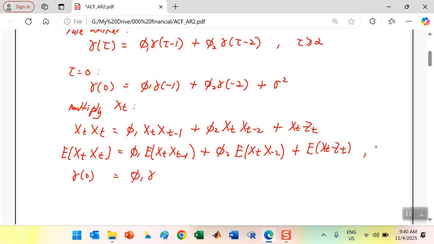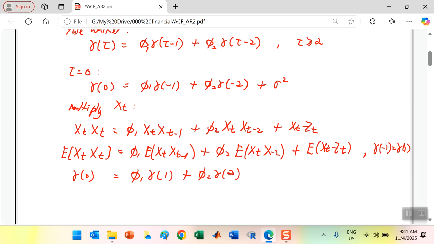Since the covariance is an even function, the minus and plus should provide the same value. It's just like a mirror around lag 0. So gamma lag 1 and gamma plus 1 are the same. So this one we use gamma lag 1, and this one is gamma 2.